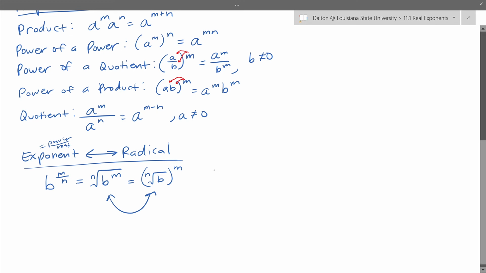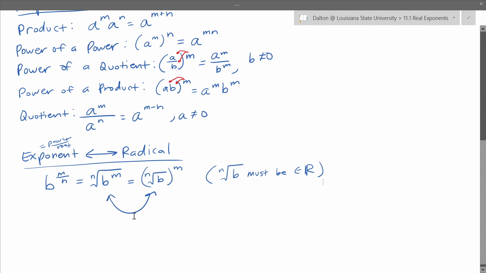And in this case, I do need to specify that the nth root of b must be real, an element of the real numbers. That's kind of a given by the title of this section, Real Exponents.